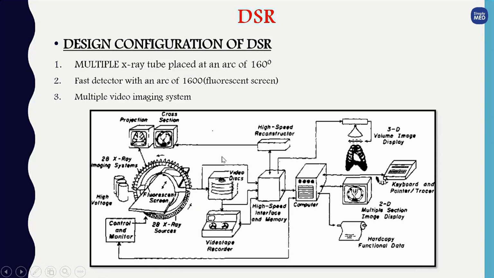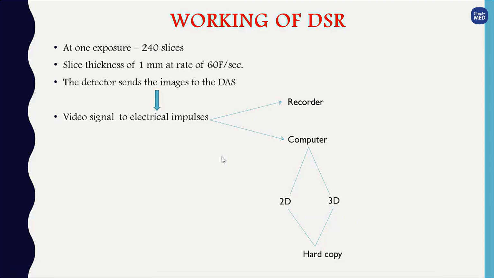So it will be very fast. There is not much explanation for this DSR, only this much. In one exposure, we get around 250 slices for this DSR, and the slice thickness is about 1 mm, at 60 frames per second. Then the detector will send the image to the DAS.